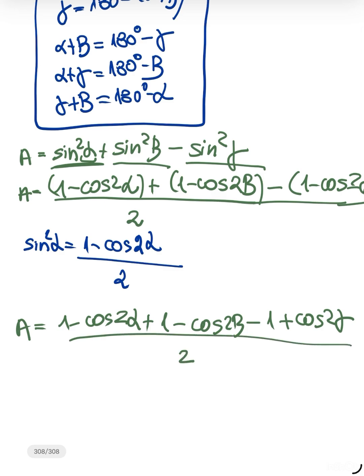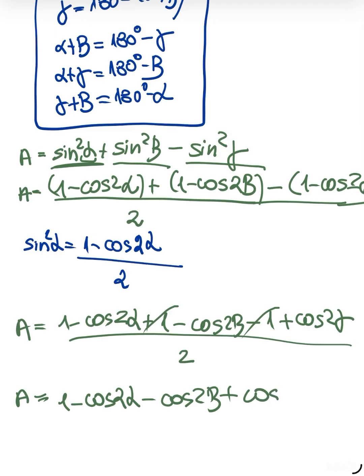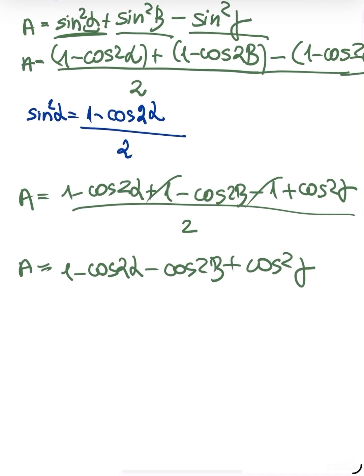So we subtract the ones, they cancel out, and only one remains. What we have is 1 minus cosine 2 alpha minus cosine 2 beta plus cosine 2 gamma.